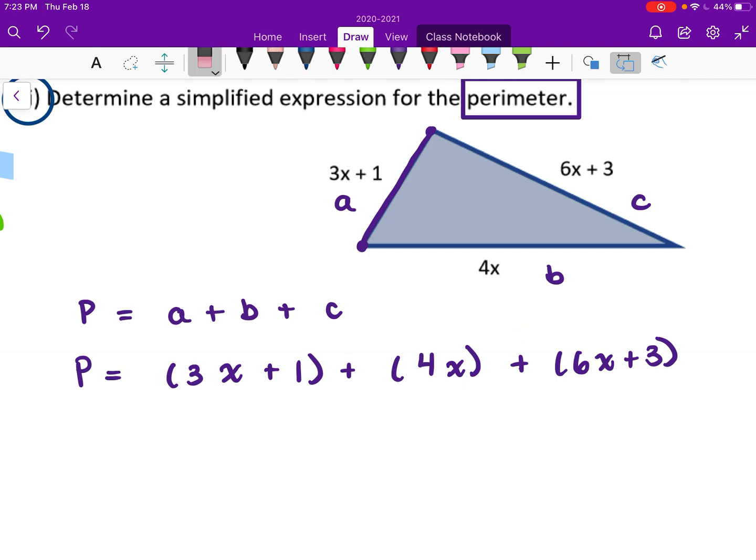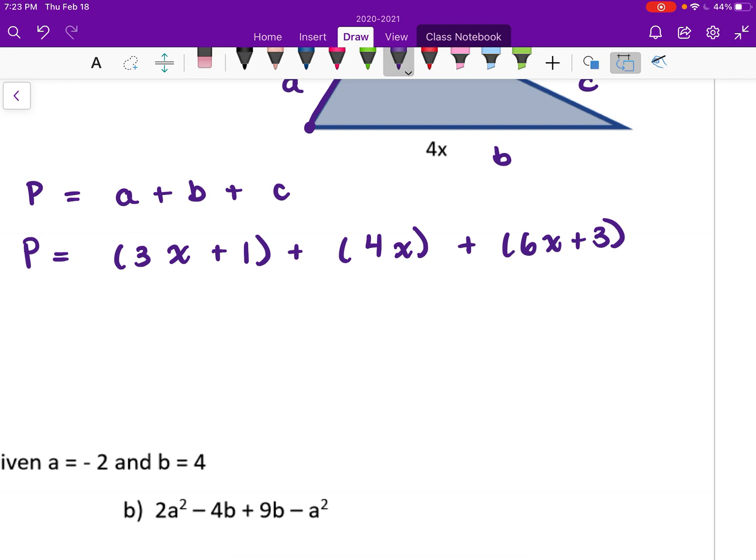If those were negatives, you can't drop the brackets, and I'll show you how to do that, right? But because those are all positives, we can just drop the brackets. So I can say P is equal to, I don't know why my P keeps autocorrecting, 3x plus 1 plus 4x plus 6 plus 3.